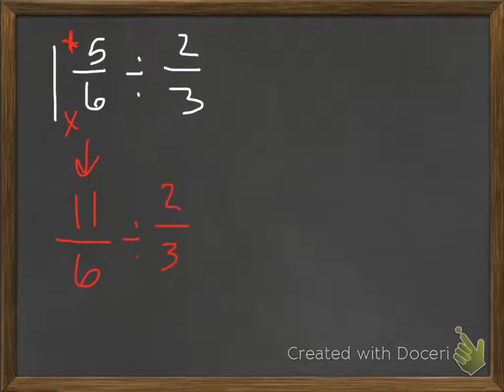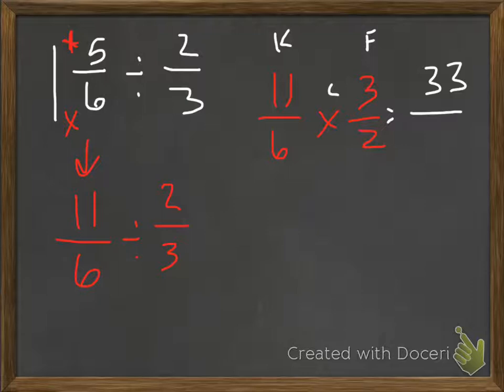So we have 11/6 divided by 2/3. Now you go and do your keep, flip, change. So we're going to keep the first number, flip the second number, change the sign. Keep, flip, change. Now we can go ahead and multiply. 11 times 3 is 33. 6 times 2 is 18.